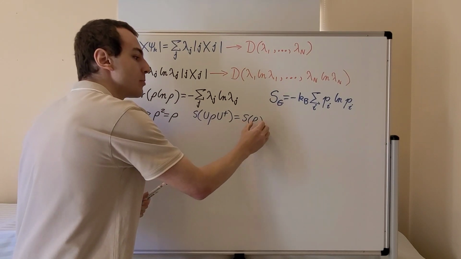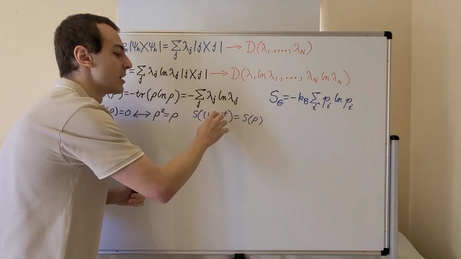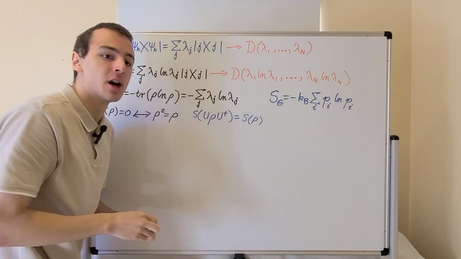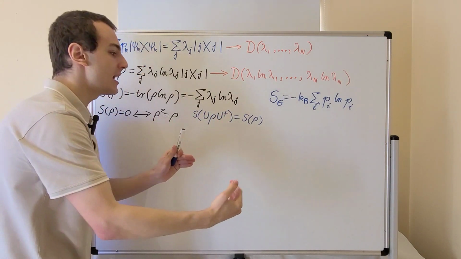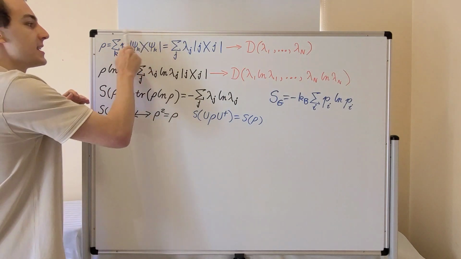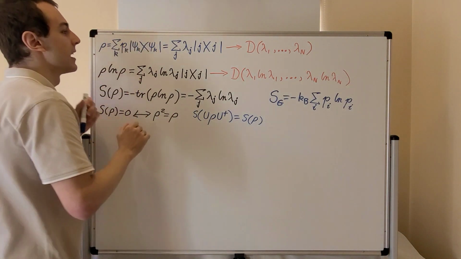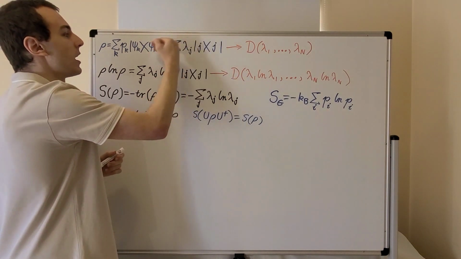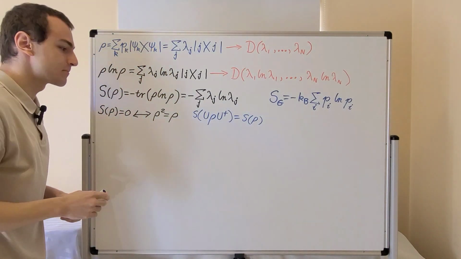So the von Neumann entropy of rho is the same as the von Neumann entropy of a transformed version of rho, if we're transforming with a unitary operator. So this is u and u dagger. They're acting from the left and from the right. So if we look at this definition, u is going to act from the left on the Kets, and u dagger is going to act on these Bras from the right. So this is a very interesting property.